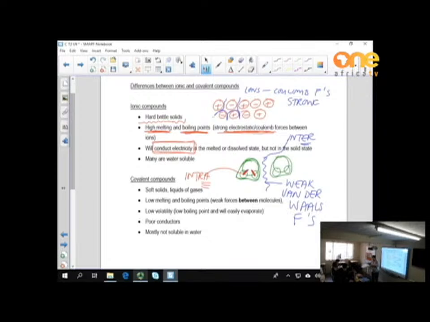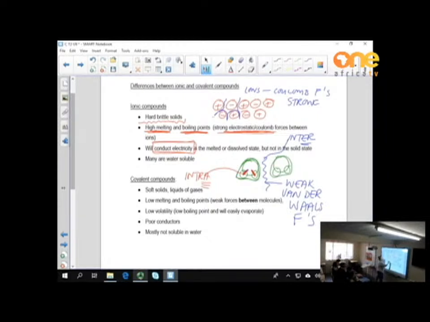The reason why water conducts electricity, the water coming out of the tap, is there are salts dissolved in the water. So it's actually not the water that conducts, it is the dissolved salts that are the charges that can move. And the moment you have moving charge, you've got electricity, current. Pure water won't conduct, it's molecular.